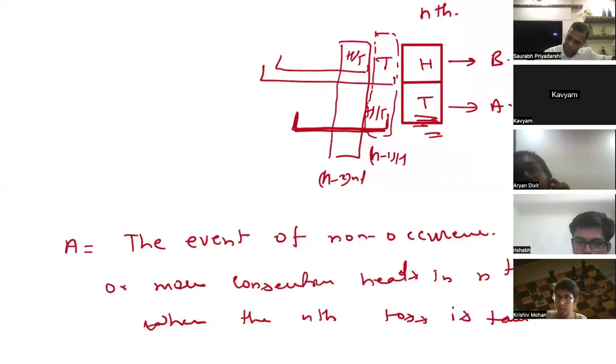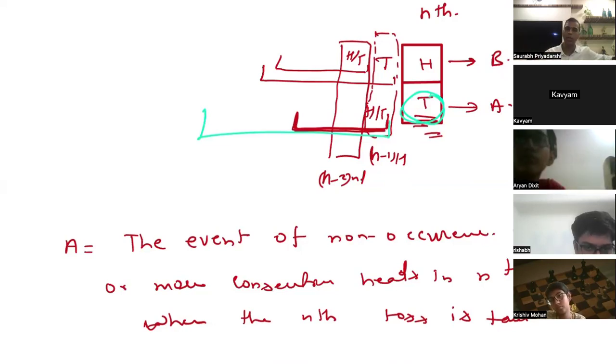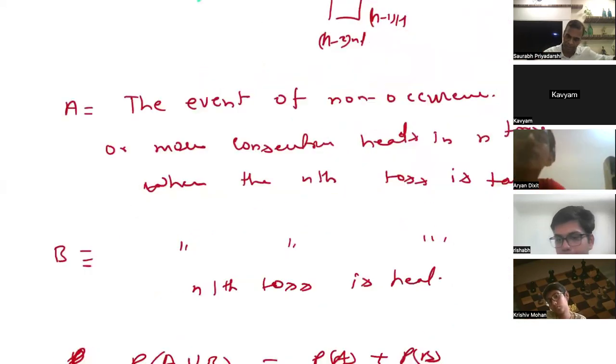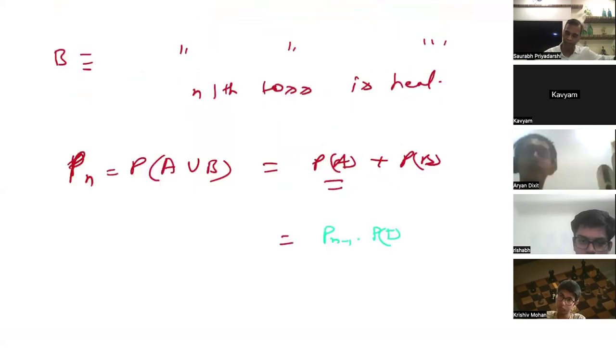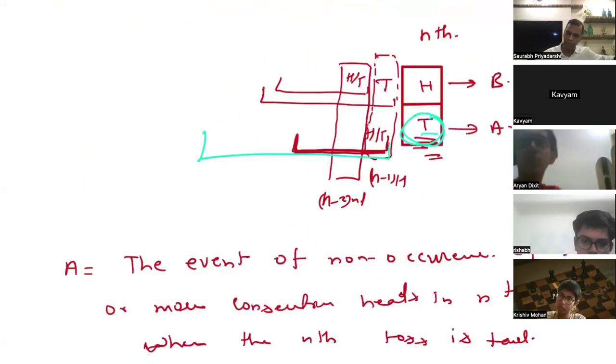And before this tail, the (n-1) trials could be either head or tail, but no two consecutive heads. So can I write this as P(n-1) into P of tails? But in case B, if this is head, the one before must be tails, and before that it could be anything.